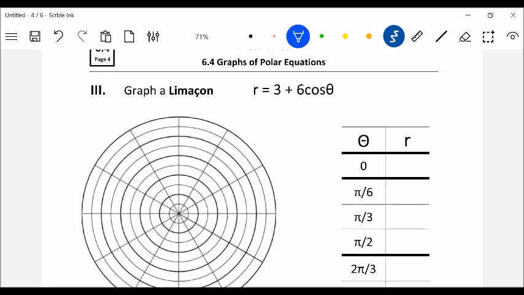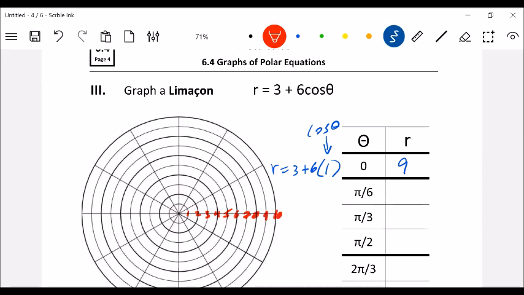So I'm going to do that. It's r equals 3 plus 6 times whatever cosine theta is each time. And in this first time, it's 1. So we get 6 and 3 is 9. That tells us we have to number this at least out to 9. 6, 7, 8, 9, and 10.